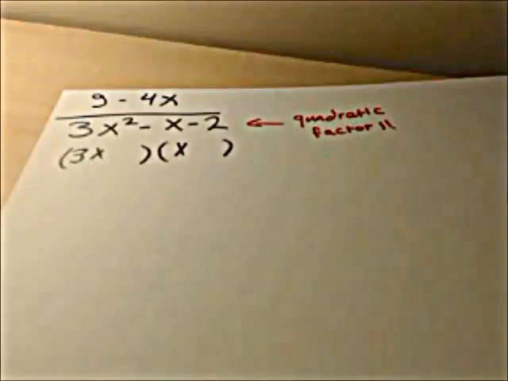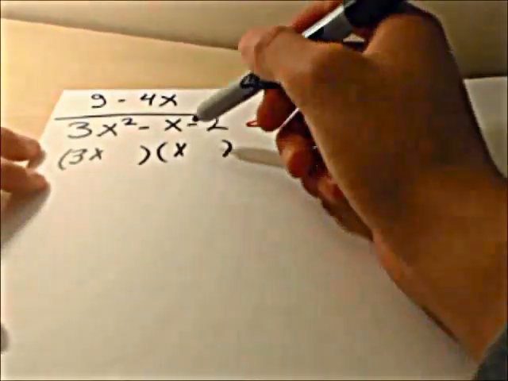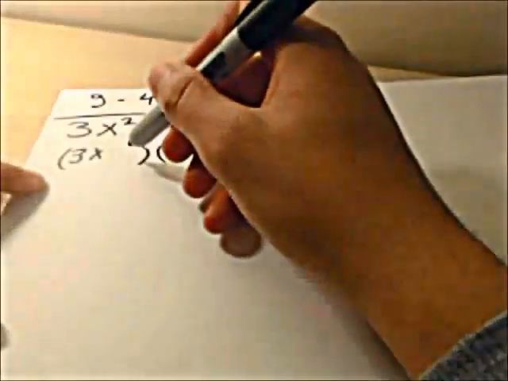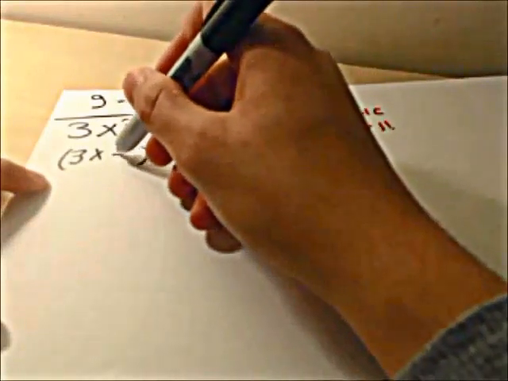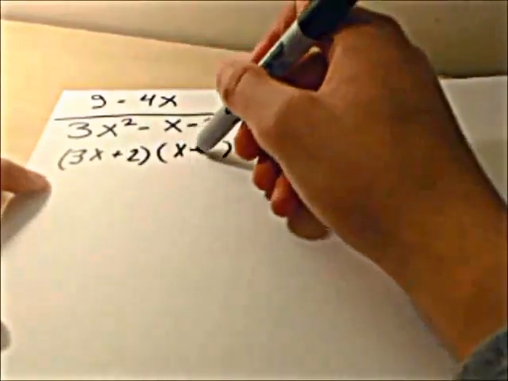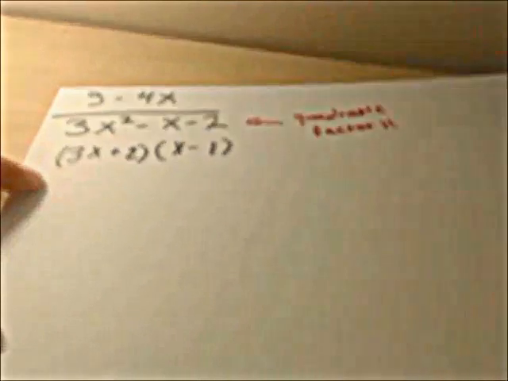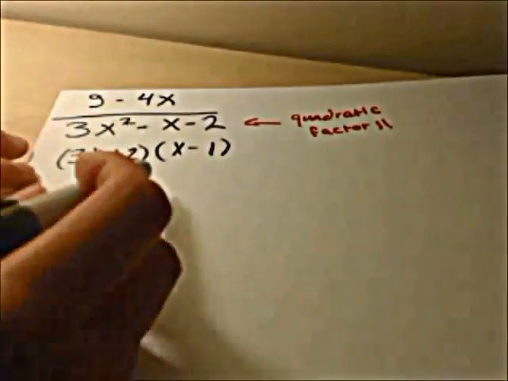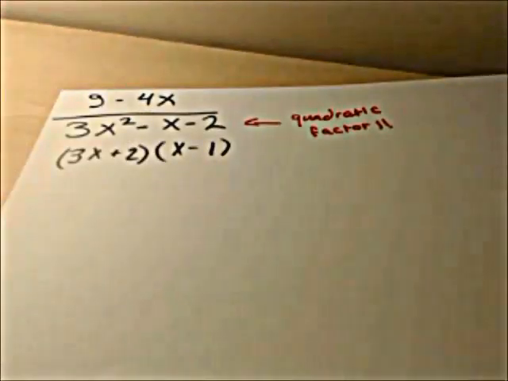Anyway, the first thing we should do when doing partial fractions is factorize the denominator, which is the quadratic expression here. So we end up with 3x and x to get 3x squared, and in this one we get (3x + 2) and (x - 1). So now we've factorized the denominator.